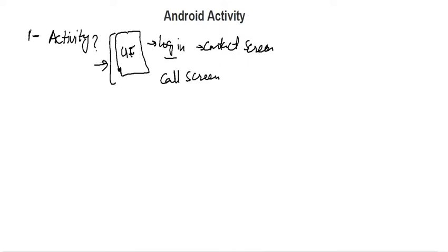You can say it's a kind of single functionality that an activity is providing, for performing a certain kind of functionality in your project. You can have multiple activities, login, call, contact, and all those different kinds of activities or screens, provided with a UI that you can use to perform a certain functionality.